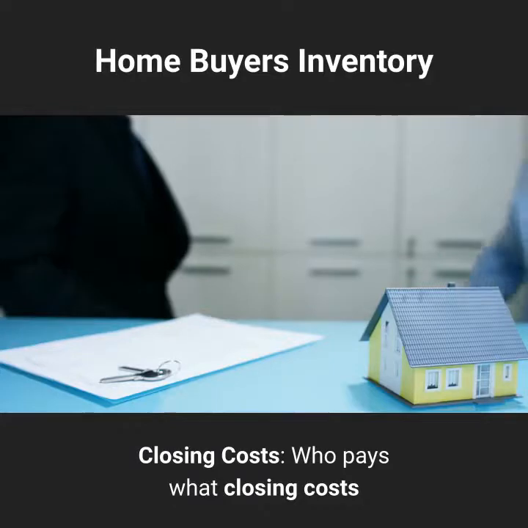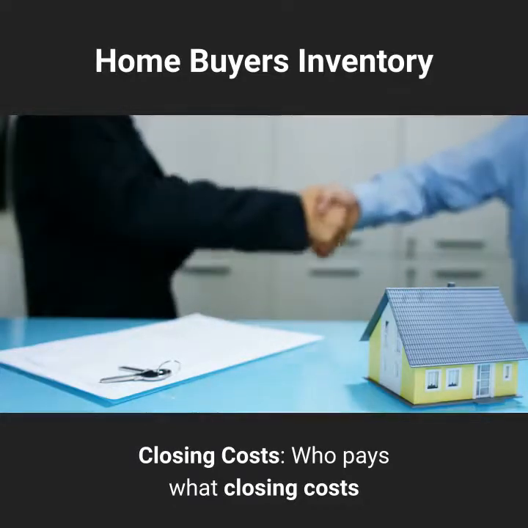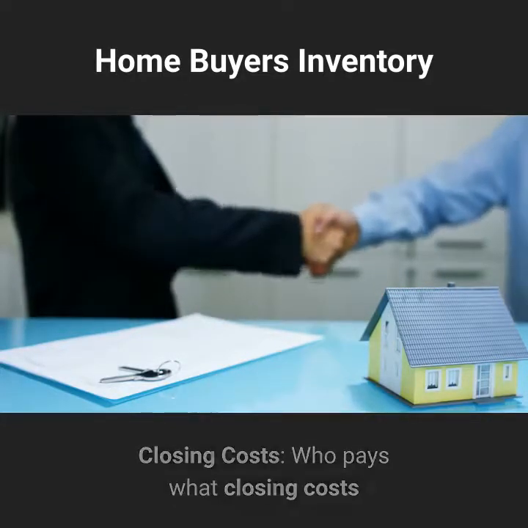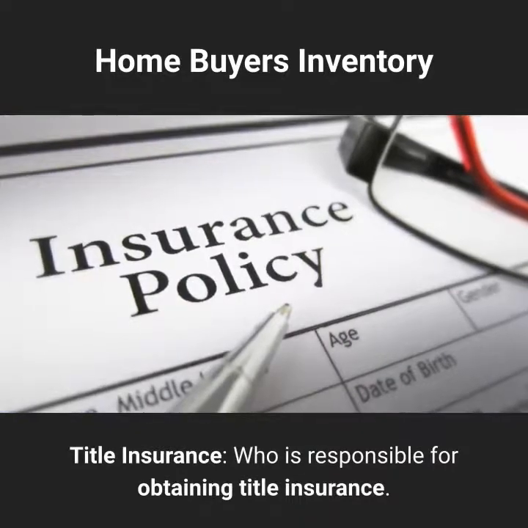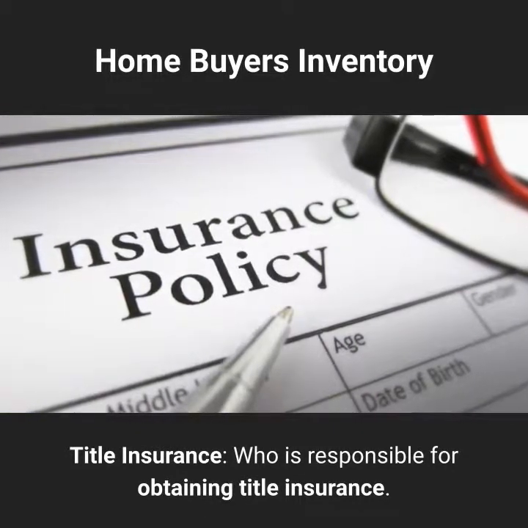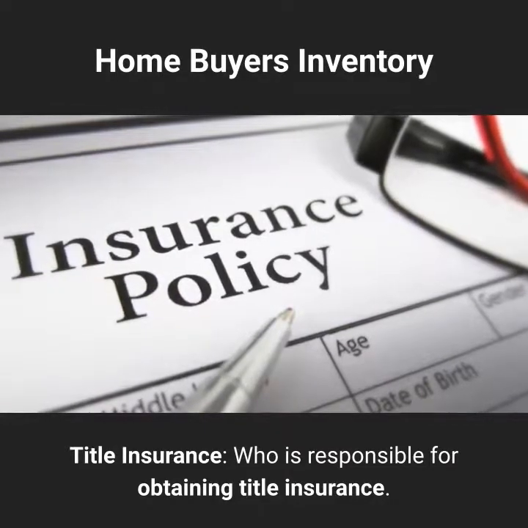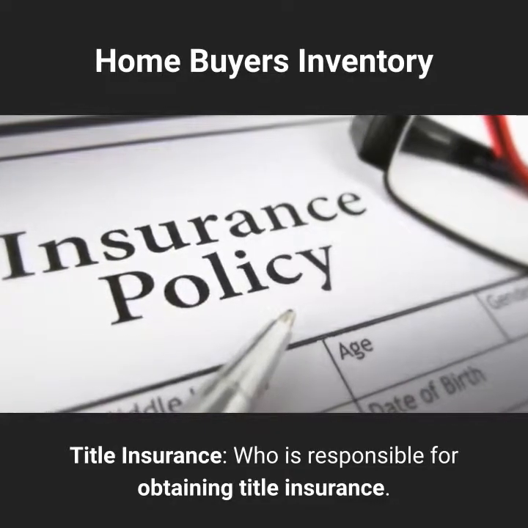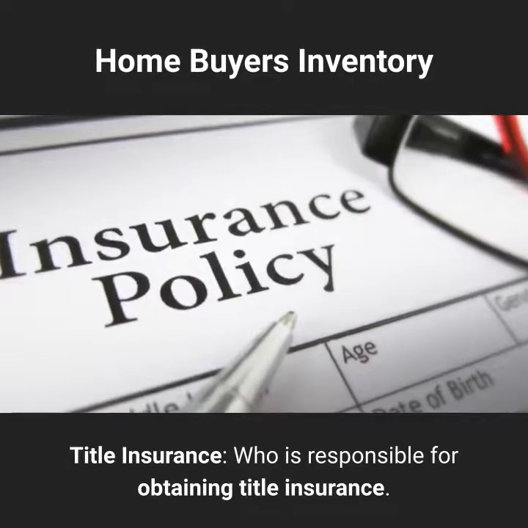So it covers when the closing will occur, the closing costs, who pays what, and title insurance, who's responsible for obtaining that. No matter how you buy a home, all of those things are part of the process.